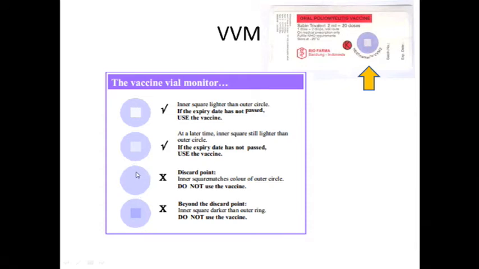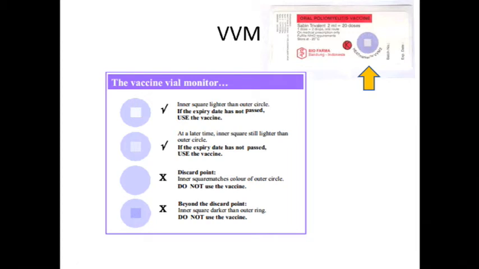Now, this vaccine vial monitor is a very good indicator to suggest whether the vaccine is potent or not. But we need to know how to read the vaccine vial monitor. So, how to read is, as we can see, this same monitor is shown here.